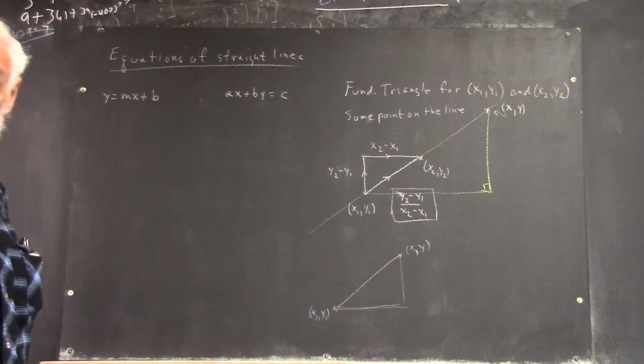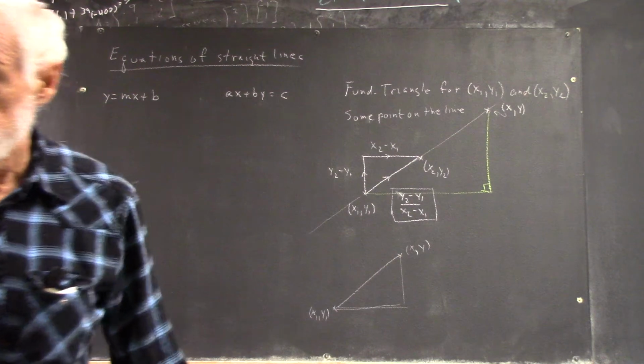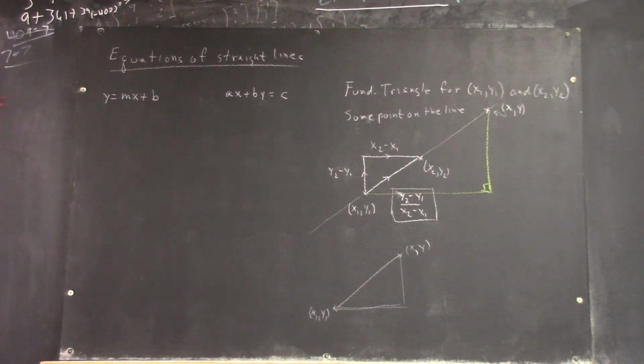What's the slope? X2, Y2. I can't read it either.